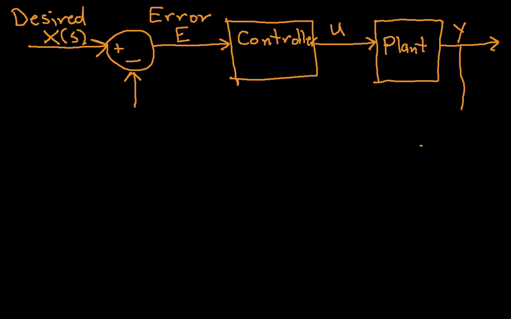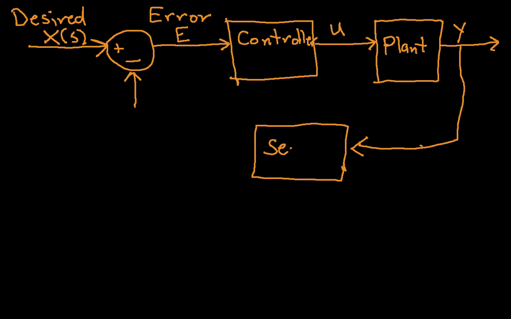We take the output of the plant and we bring it back through possibly some sort of sensor here. And the idea is that sometimes we can't observe the thickness of the iron coming out of the roller directly. We have to measure it.